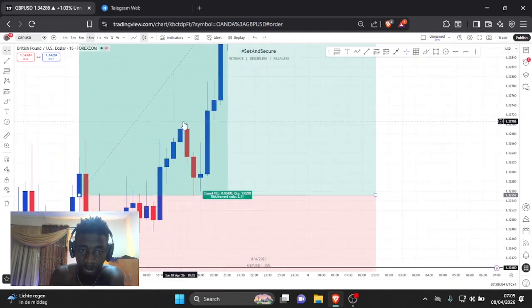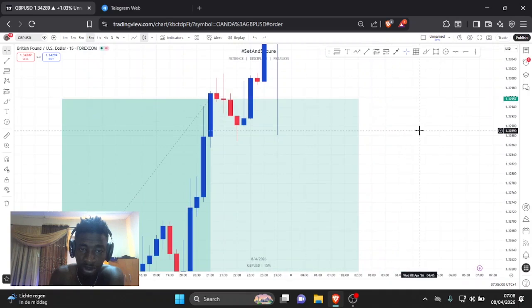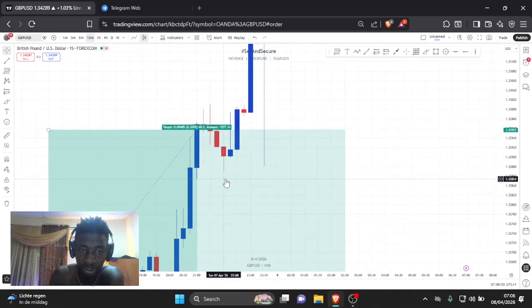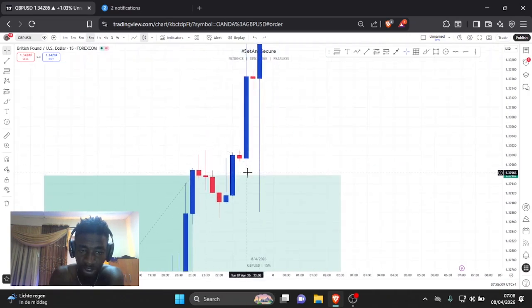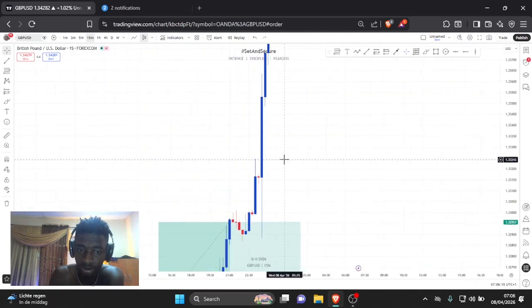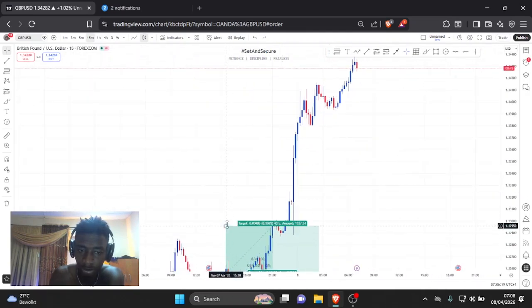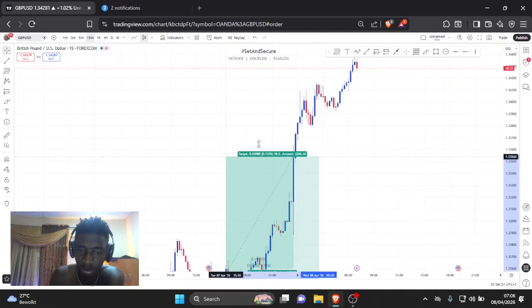I think I entered another position here, and the market moved up, so I took profit. Then it started a little bit of a pullback, and it broke above. I couldn't enter this trade because it wasn't an aggressive pullback. It ultimately hit our take profit, and I was kind of pained that I left money on the table.